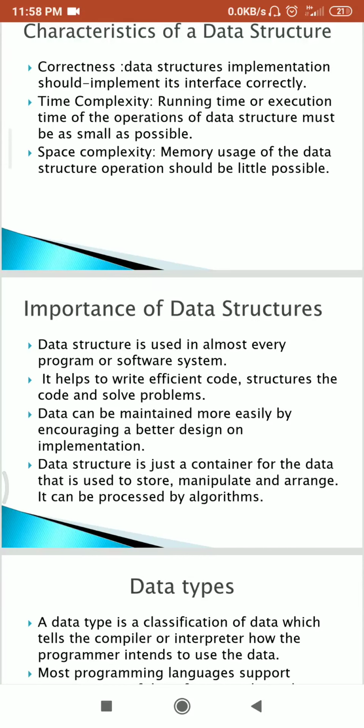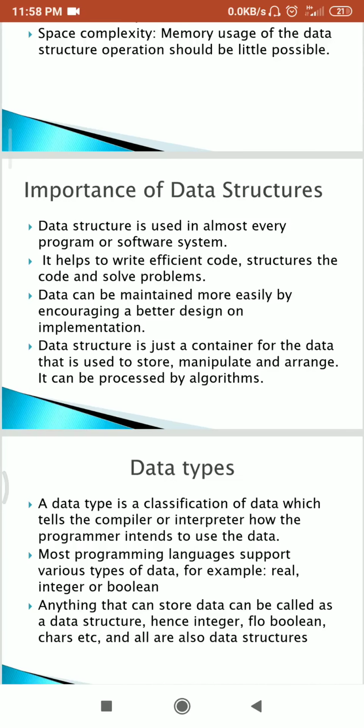Next, data can be maintained more easily. By the data structure we can maintain data in an understandable way, easy to retrieve, easy to organize, and perform any operations on. Next, a data structure is just a container for the data. I already discussed that an array is a collection of data.